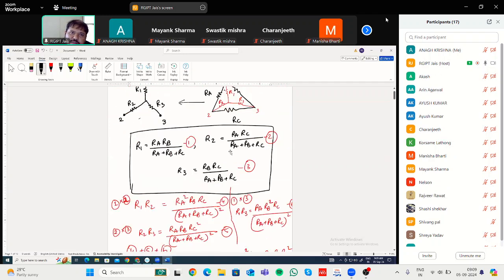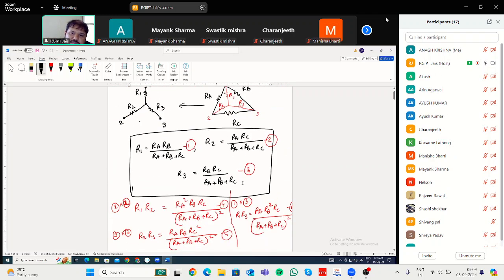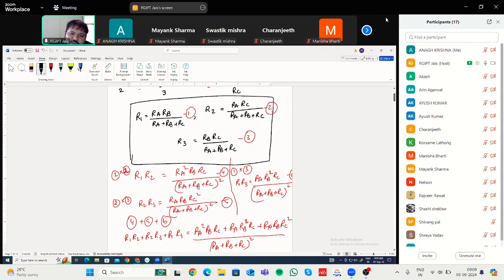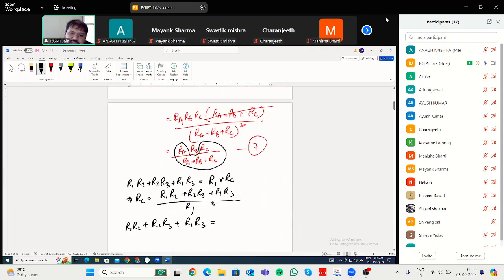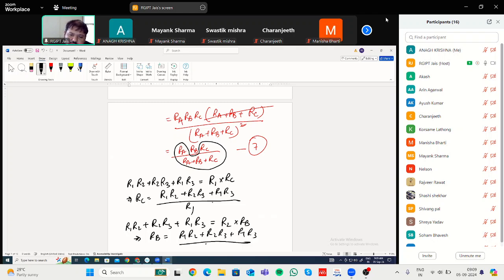R2 is RA multiplied by RC divided by RA plus RB plus RC. So the highlighted region in black will be R2 multiplied by RB. From this you can find out RB to be R2.